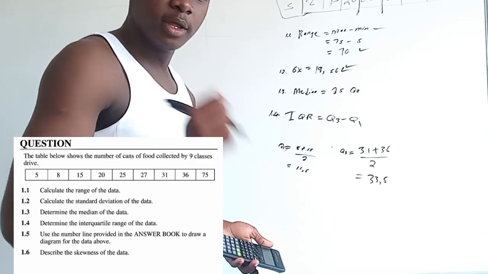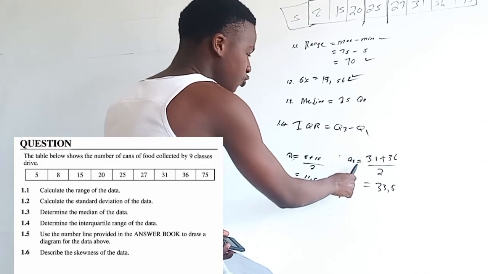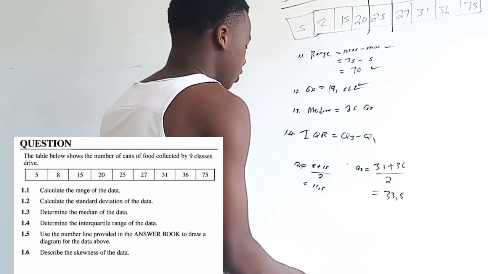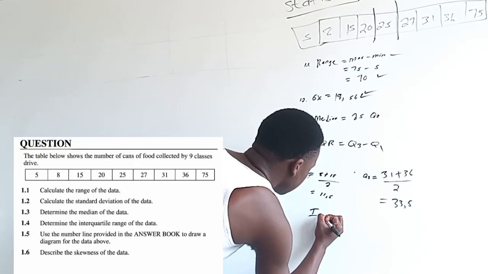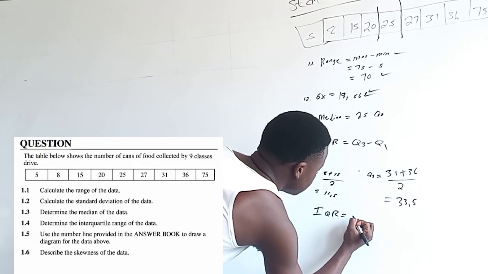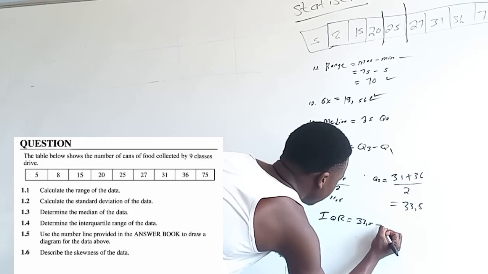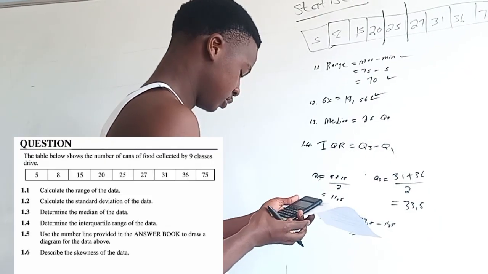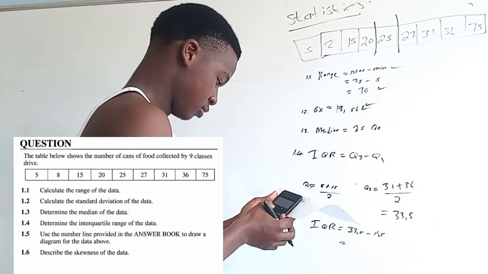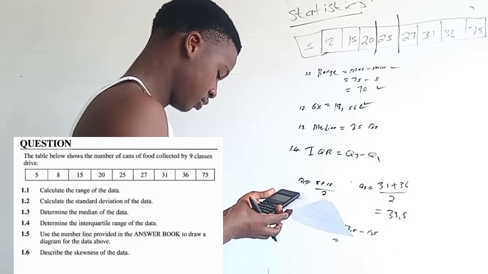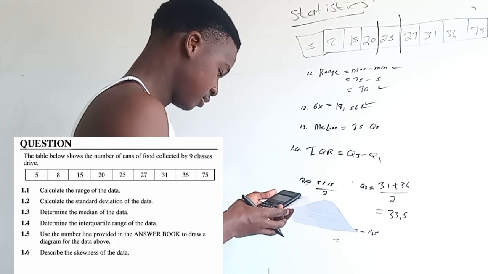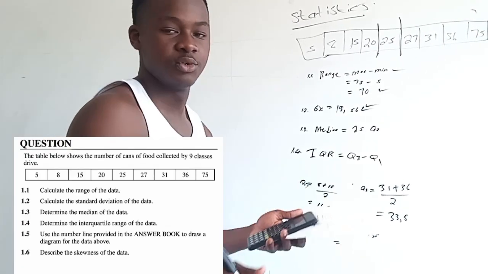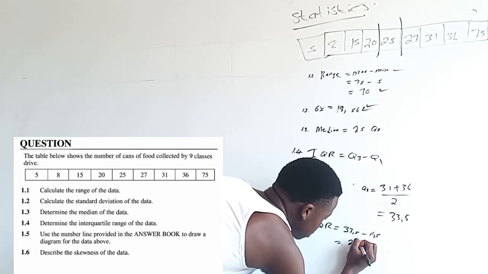And okay guys, after finding both your Q3 and Q1, you go back to your formula. Your formula is Q3 minus Q1. So you will say interquartile range equals to 33.5 minus 11.5, which will give you 22.